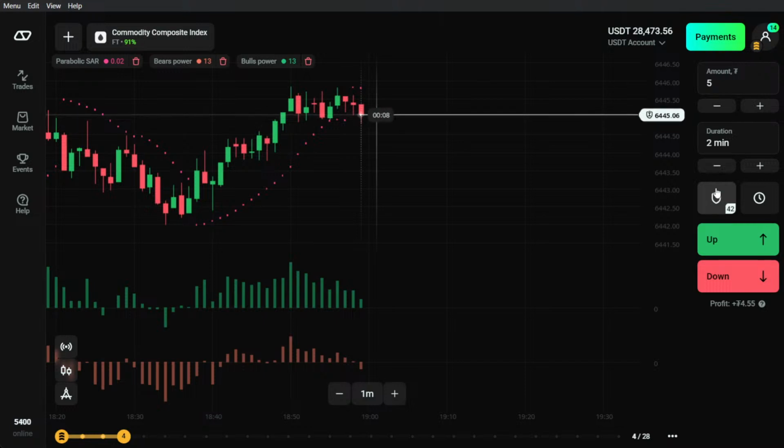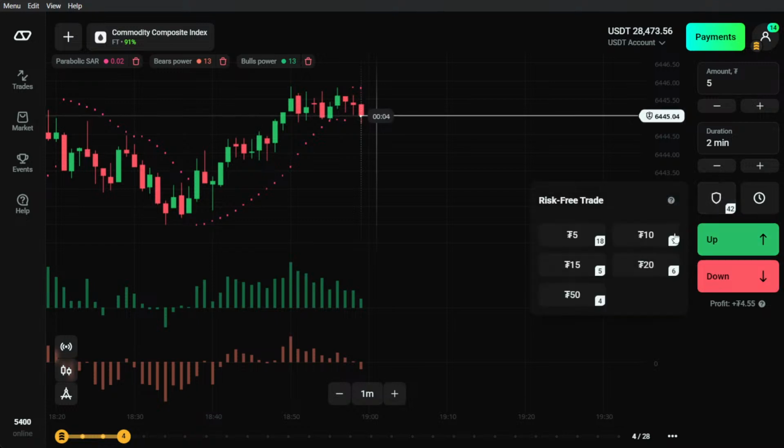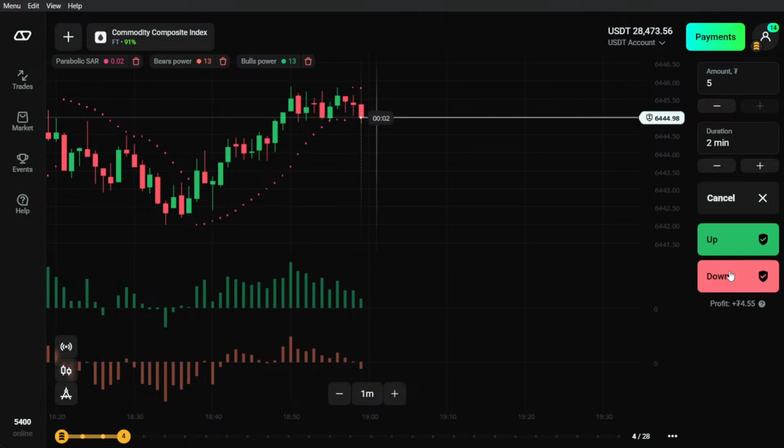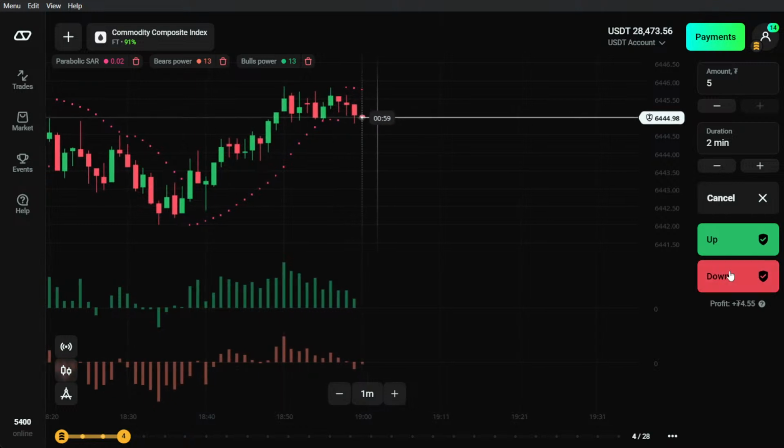Ten seconds for the candle to end, and then we will check where the next candle goes, and accordingly I'll make a trade. But I am going to use risk free because I don't want to lose my money.